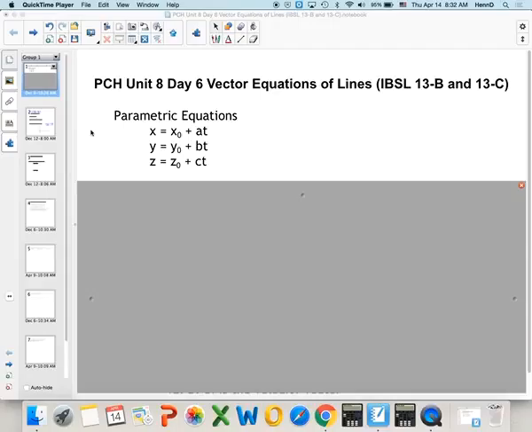All as functions of time. As we're looking at this, keep in mind we're combining this idea with the concept of vectors. So let's first talk about what the vector equation of a line is.